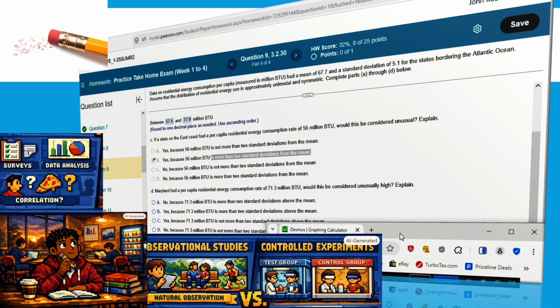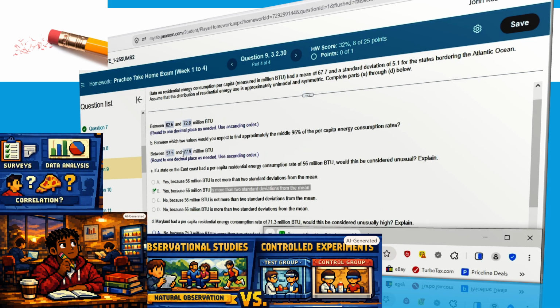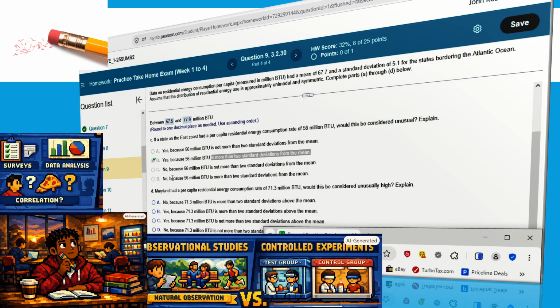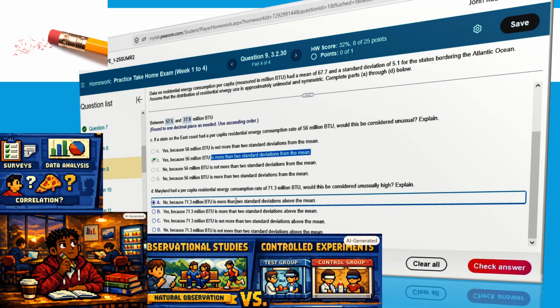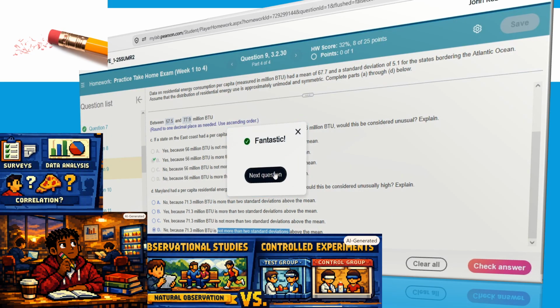Is that unusually high? No, 71.3 is within the 2 standard deviations. So this one is a no. We just eliminate the 2 yeses, but we've got to read them carefully. Like, let me see. It is not more than 2 standard deviations. So there we go.